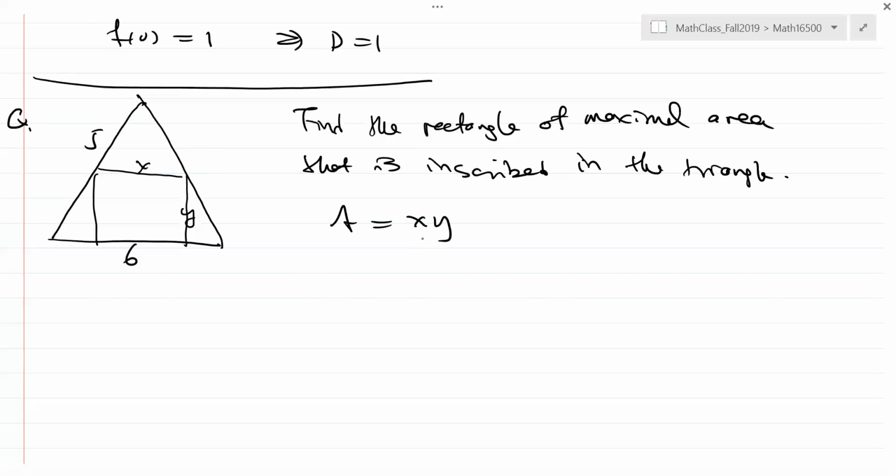This is a nice isosceles triangle. And the largest possibility for x is 6. The smallest possibility for x is 0. You have to express y in terms of x.